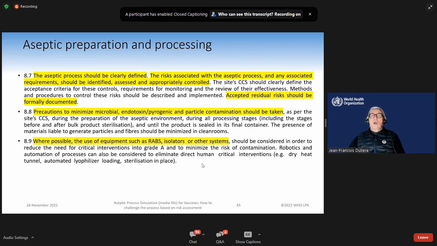But existing filling lines, you will be able to manage them. For sure, you will have to discuss with your regulatory authorities to be sure that you are compliant. That means that based on risk assessment, you will maybe have to increase your monitoring processes.